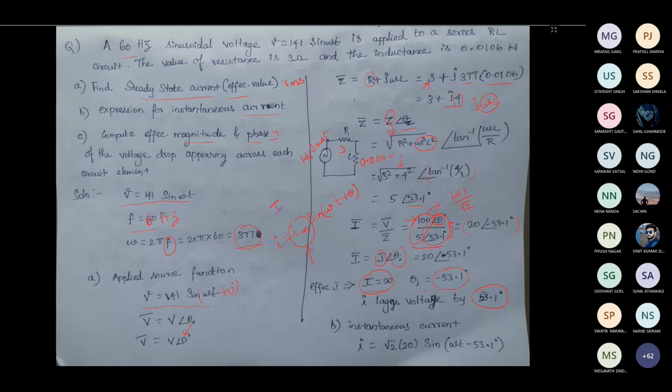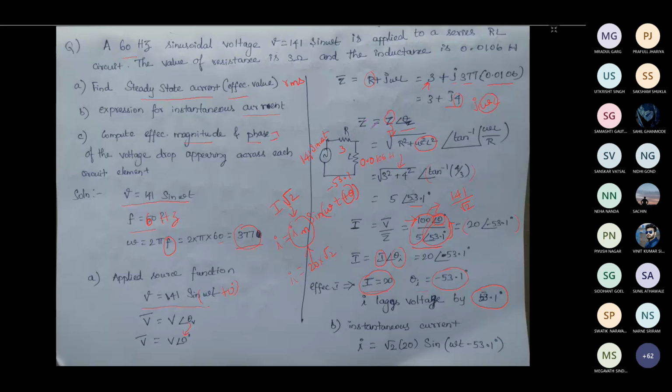So I into root 2 will give the peak value, and theta we found is minus 53.1 degree. So you just substitute minus 53.1 degree here and Im as 20 into root 2, and you will get the expression for the current. It is as simple as that. Here we are just finding the numerical values.